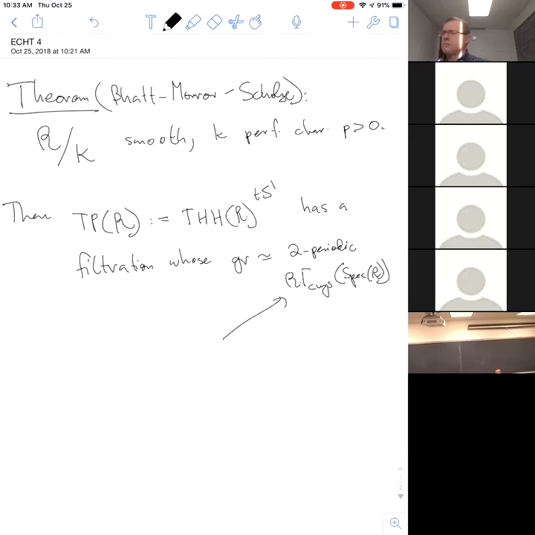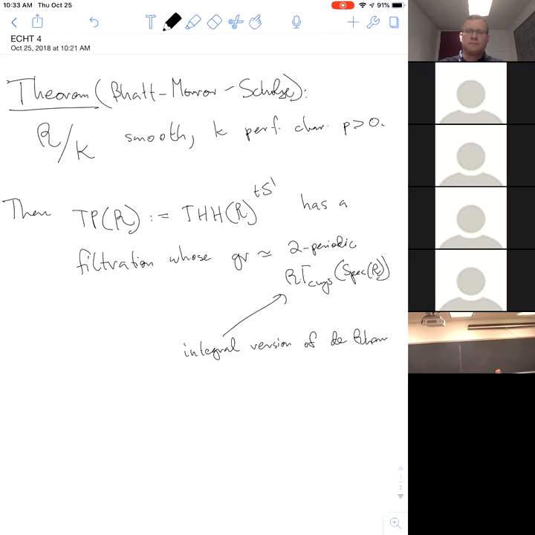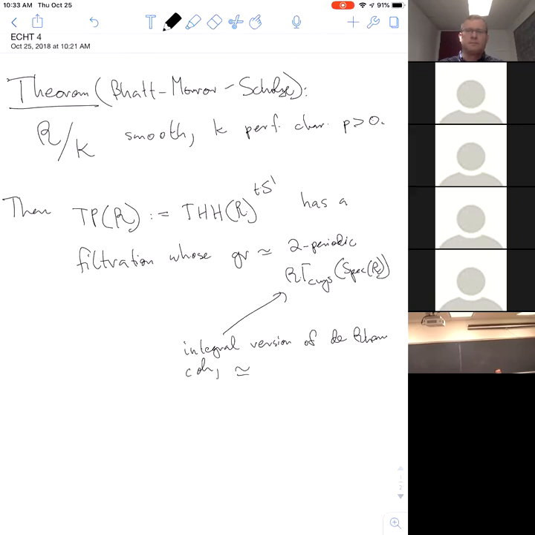I didn't say too much about it, but it's an integral version. This theory here is an integral version of derived de Rham homology. So, for example, it's quasi-isomorphic to the de Rham complex of R tilde over the Witt vectors of k, p-adically completed, whenever R tilde is a lift of R to the Witt vectors of k.